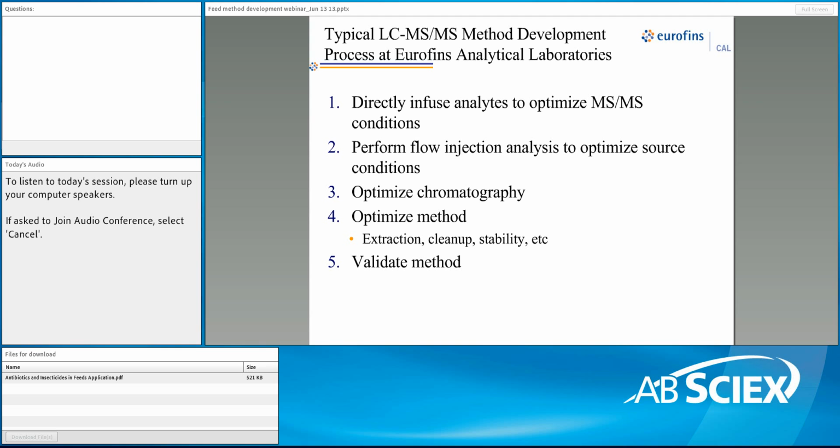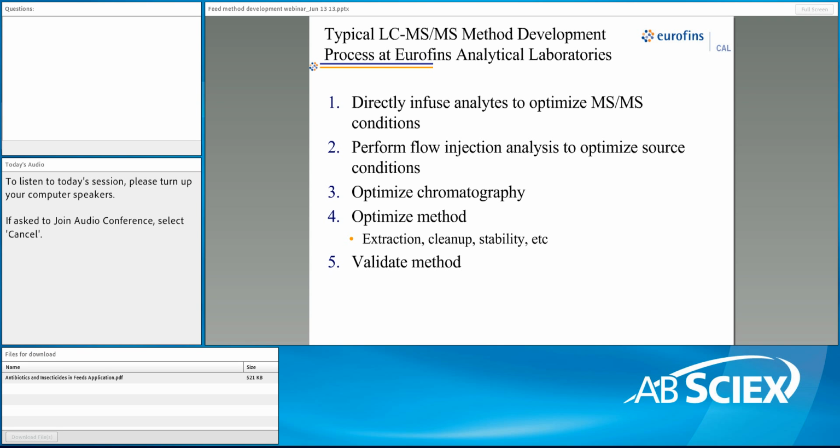It varies in how we take that step, but we generally have a cleanup step for most of our methods. And then we'll also look at other parameters such as stability of our analytes, stability of our calibration standards, and how long they can sit while they're still good. So that's all important information that we need for these methods.